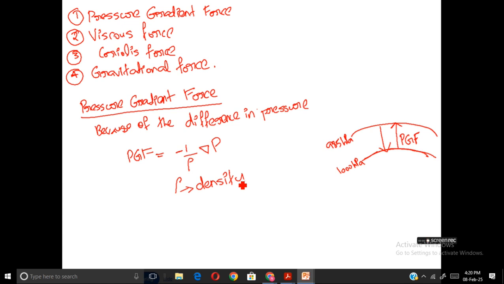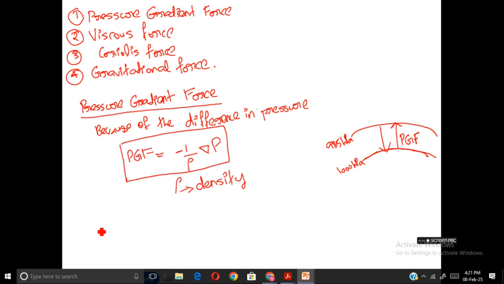Del P gives you the variation in pressure in all three directions: dou P by dou x i plus dou P by dou y j plus dou P by dou z k. In all three directions, what is the gradient in pressure? That's what del P gives. So this is the pressure gradient force, given by minus 1 by rho del P.